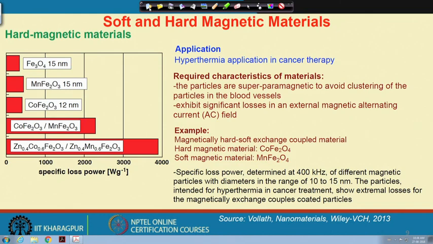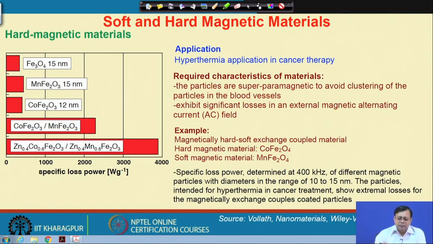Another very important magnetic application is for cancer therapy. Hyperthermia is an application we talk about where we need some required characteristics of the material. In that case, the particles are superparamagnetic, which avoids clustering of the particles in a blood vessel, and there are significant losses in an external magnetic field by alternating the AC field.